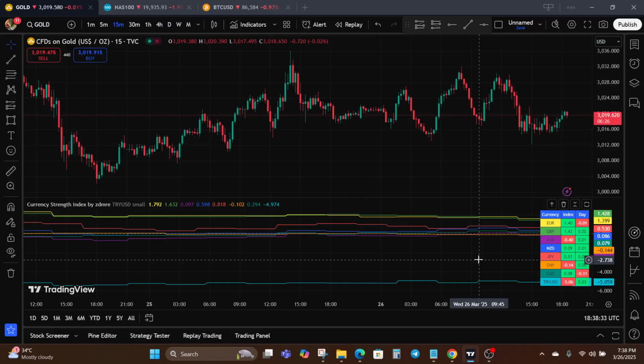So you might not necessarily need to use a particular currency strength index, so long as you have any currency strength index indicator in your toolbox that is giving you the same value. Then you might not need another one, whether it's currency market breadth or whatever the name is.